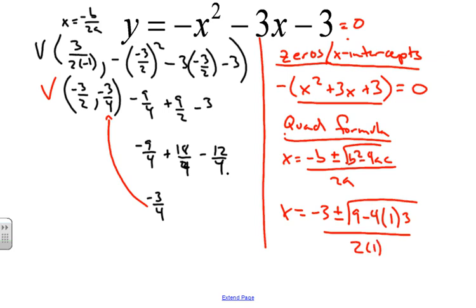Once again, I'm using this side where I factored out the negative. It doesn't matter whether you use that or the other one; we'll get the same answer.